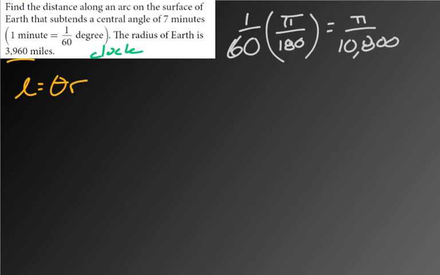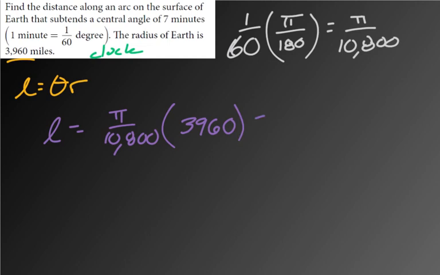And then you've got it. You just pop the two things in. The arc length is going to be pi over 10,800 times 3,960, which equals 1.1519. And that is miles.